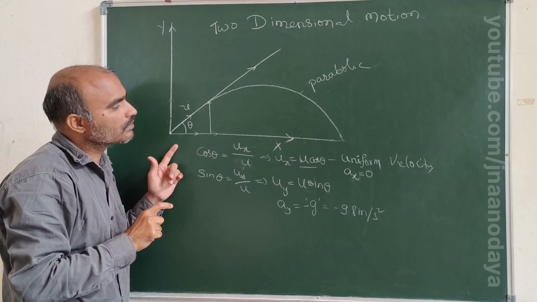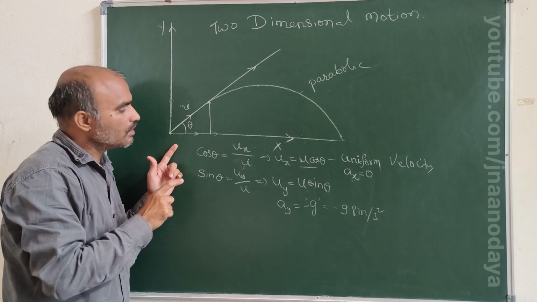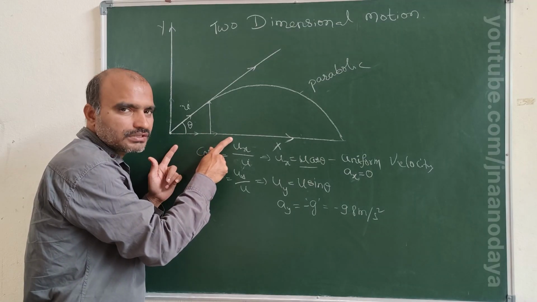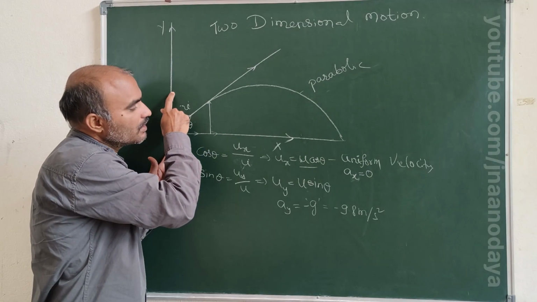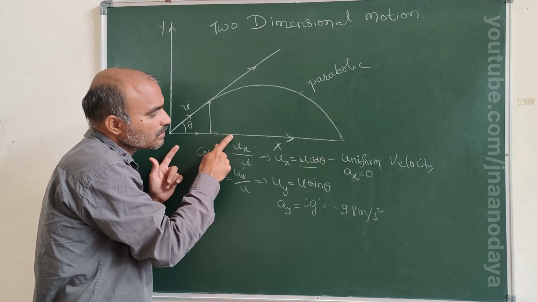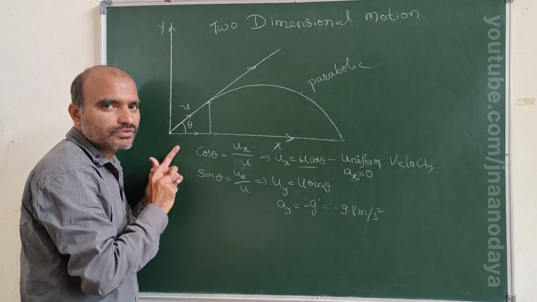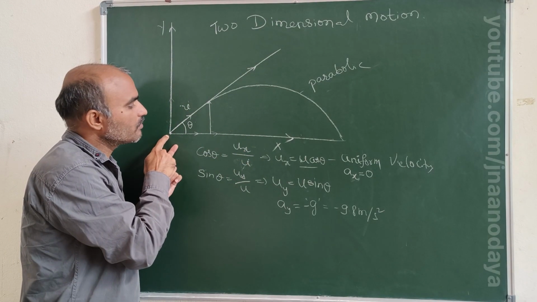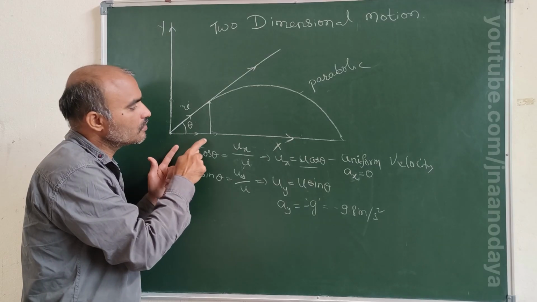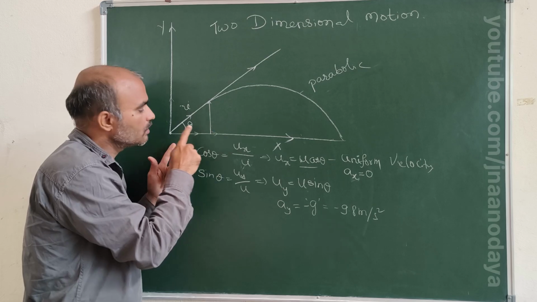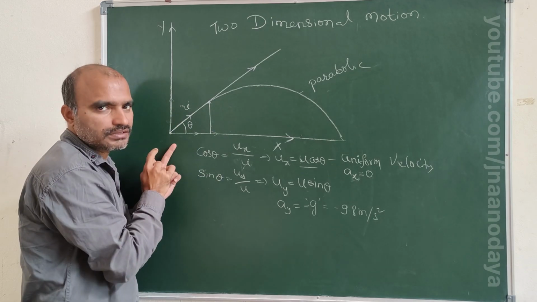That is why the object will have some velocity in the horizontal direction as well as in the vertical direction. So we have to divide the initial velocity into two components, one along the horizontal direction and another along the vertical direction.